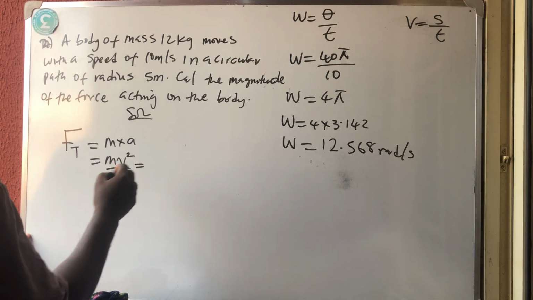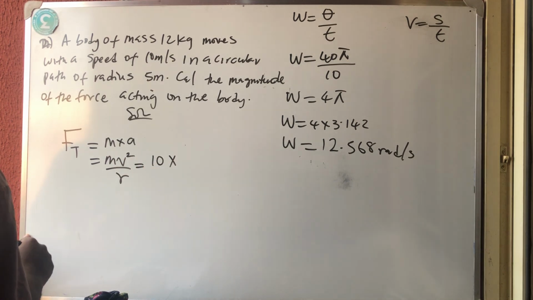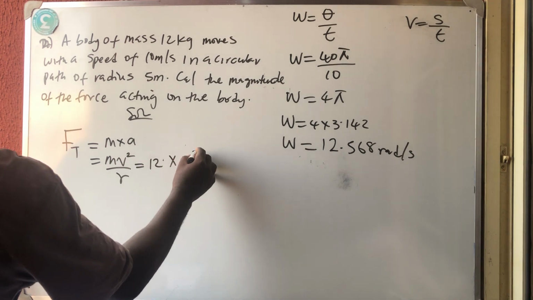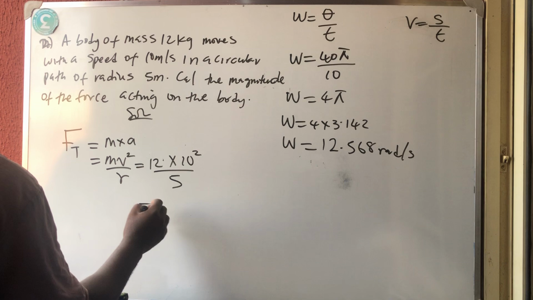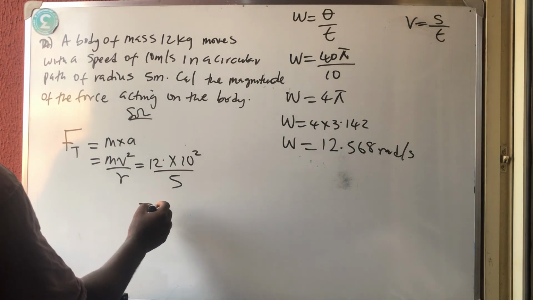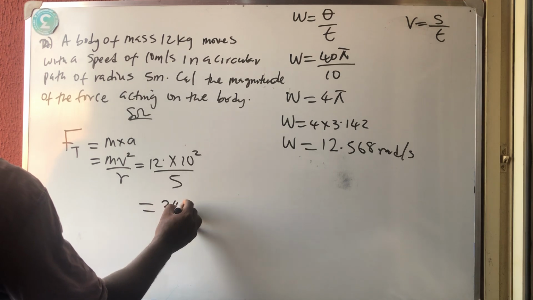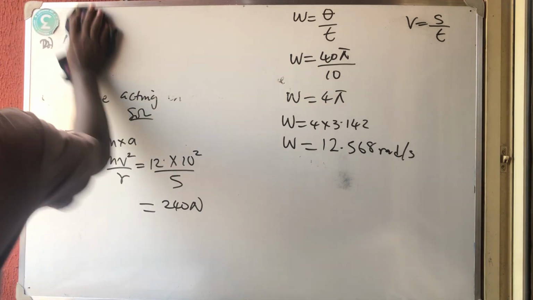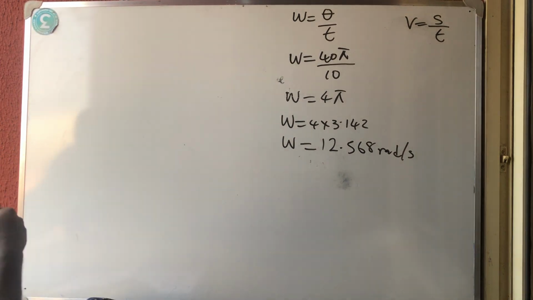So the mass is 12, times 10 squared, all over 5. So 12 times 100 over 5, which is 12 times 20, which is equal to 240 Newton. Very simple.